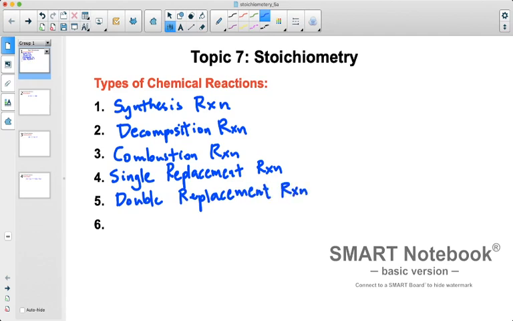And then finally, we have a special type of double replacement reaction known as an acid-base reaction. In today's lesson, we're going to focus on the first 3, synthesis, decomposition, and also a combustion reaction.